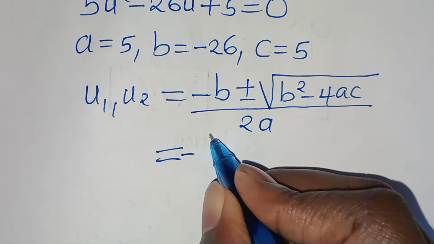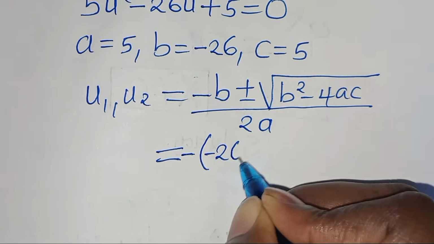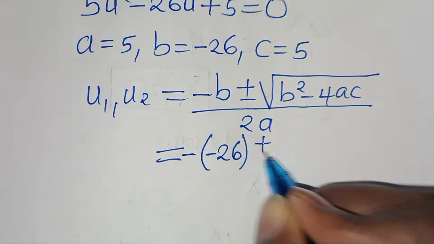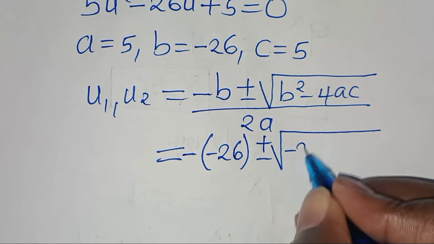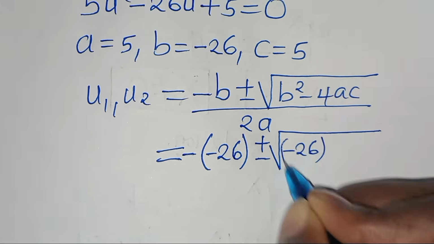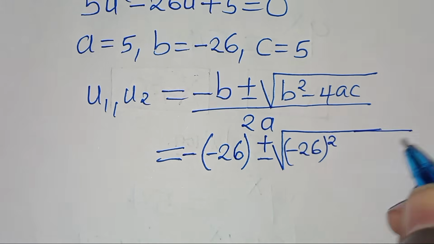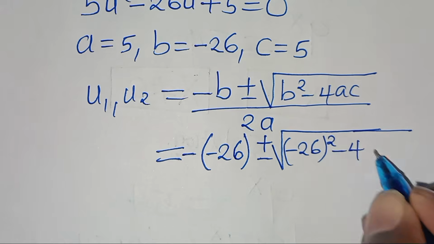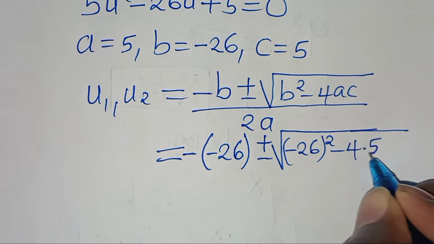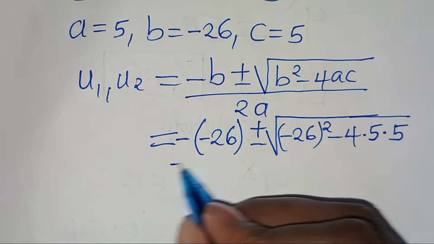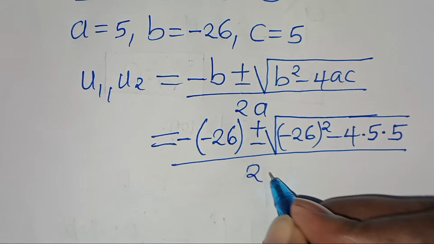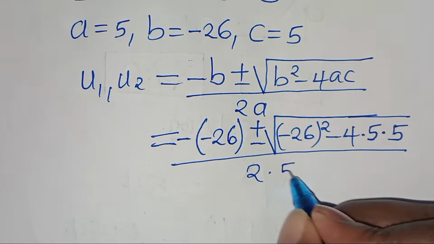We have minus 26 in parentheses, plus or minus the square root of minus 26 raised to the power of 2, minus 4 times a, which is 5, then times c, which is also equal to 5. Everything here divided by 2 times a, which is 5.